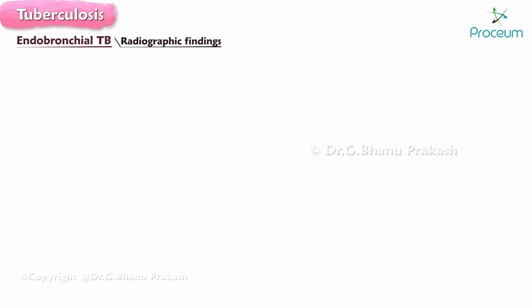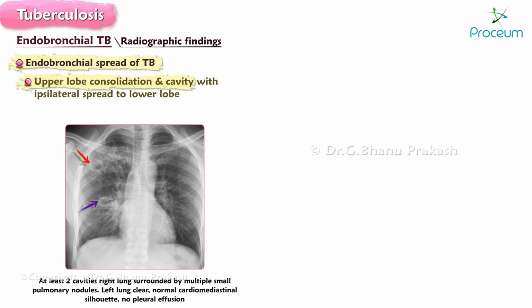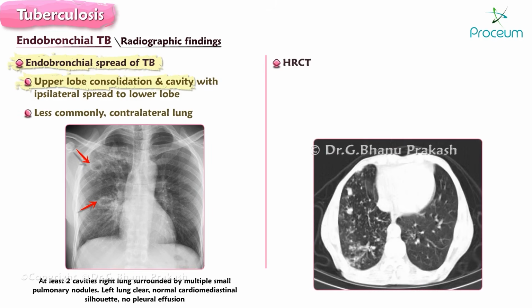Radiographic findings. The most common radiographic finding of the endobronchial spread of tuberculosis in adults is upper lobe consolidation and cavity with ipsilateral spread to the lower lobe, and less commonly, contralateral lung. On high-resolution computed tomography, endobronchial spread of pulmonary TB, typically manifested by centrilobular nodules, is seen in 95 to 97% of patients.